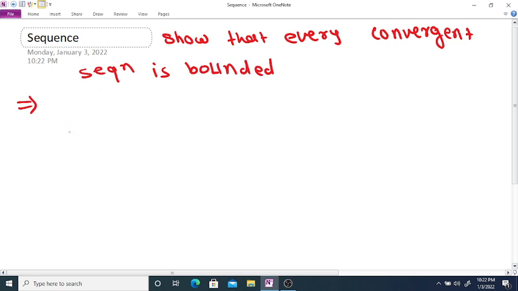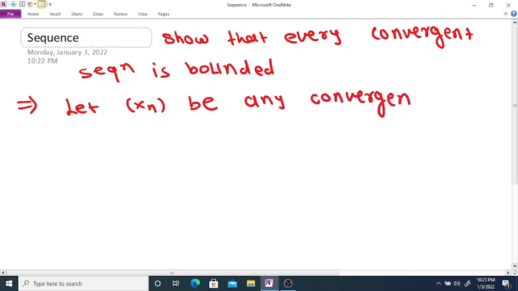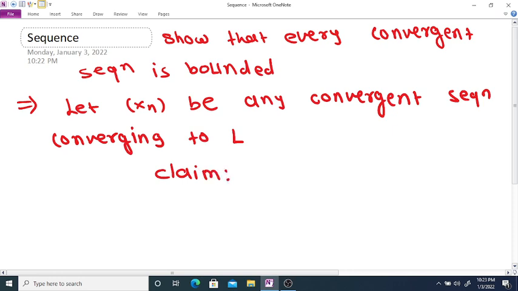So now, let xn be any convergent sequence converging to L, and we want to show that our claim is that xn is a bounded sequence.